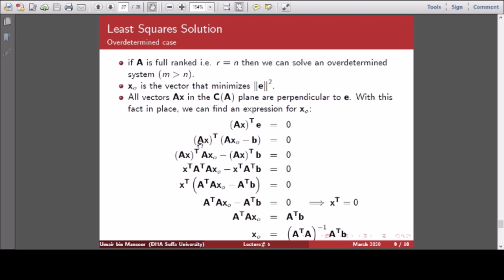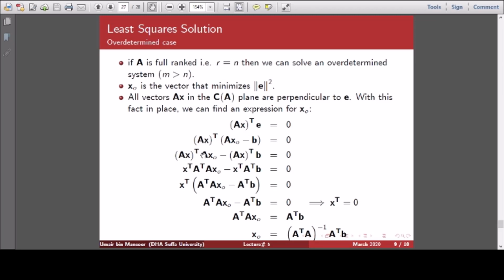Okay, so the dot product, inner product, I have shown you before. So this is represented by a row and this E is represented by a column. So we can have a product. So let's open the brackets.